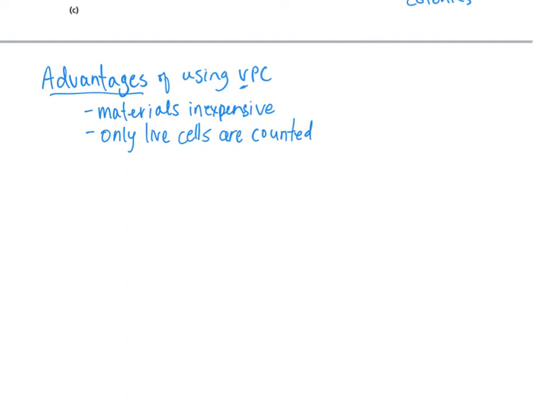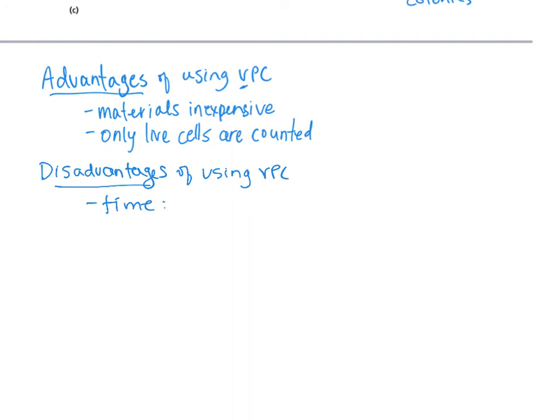Okay, there are a few disadvantages of using the viable plate count to determine cell numbers. Hopefully, one of the big ones that comes to your mind right away is the time.